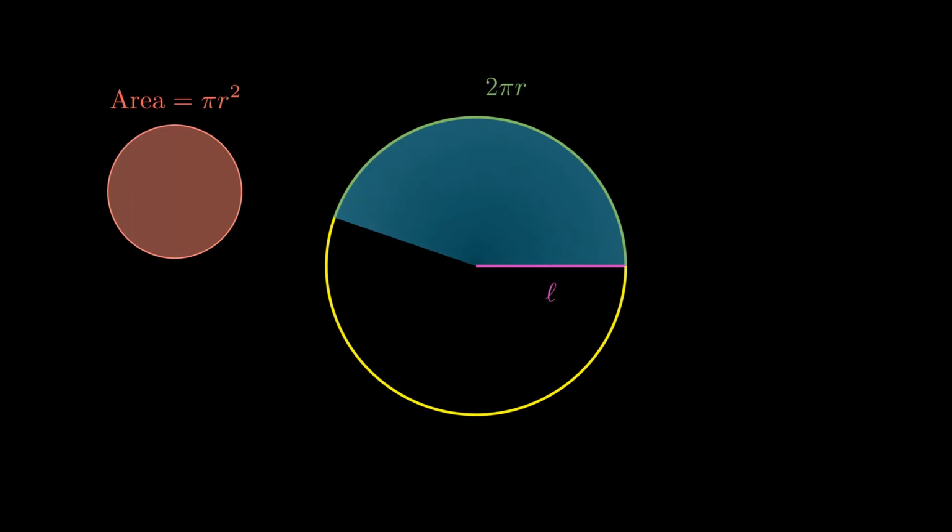Now, why this is helpful is because we don't know the angle of the sector. Normally we use the angle to work out the area, but we don't actually need the angle because what we have here is the length of the arc, so we can use that instead of the angle to work out what fraction of the circle we have. So we have 2 pi r as the length of the arc.